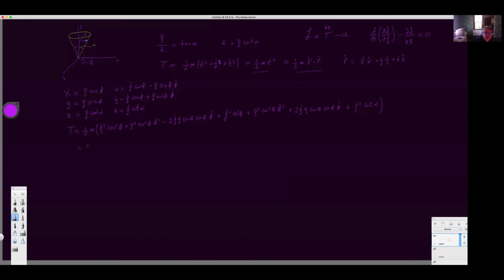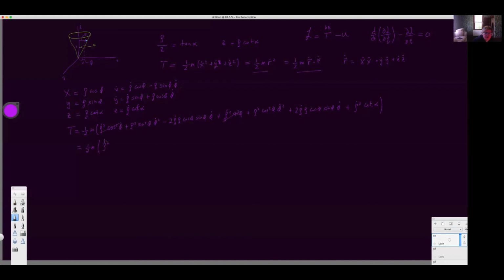It looks good actually. I love it when I have my cosine squareds and sine squareds. That's awesome. So look at this one. We have a rho dot squared cosine squared and a rho dot squared sine squared. Woohoo, that's going to go to just rho dot squared.